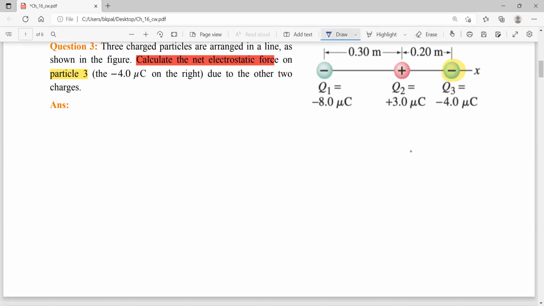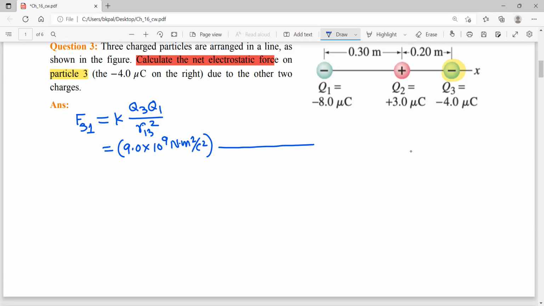So F31 means the force on 3 by charge Q1. So it will be K Q3 Q1 and then R13 square. K is 9 times 10 to the power 9 Newton meter square per Coulomb square.